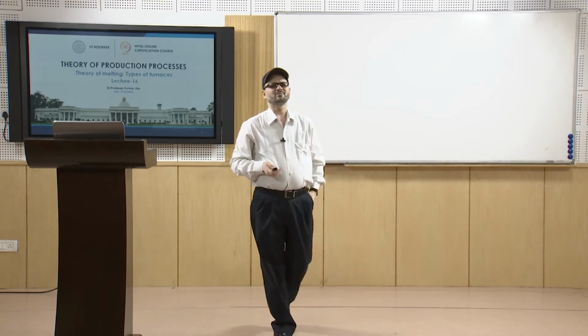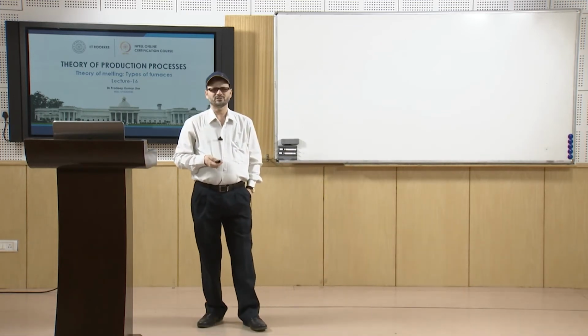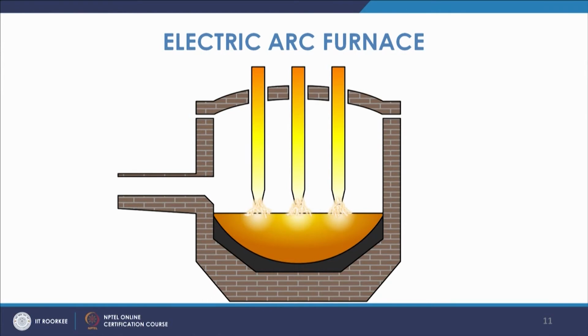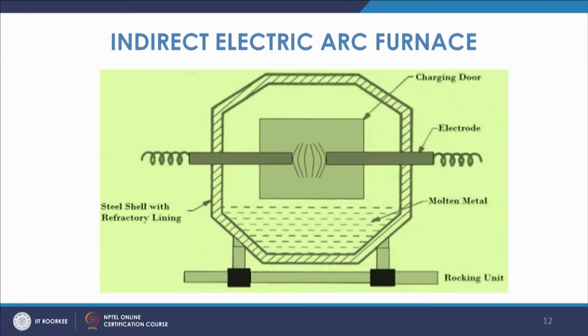These are normally the furnaces which are used for steel melting, or where the temperature of the molten metal is quite high. As you see, you have the direct electric arc furnace, and in this case the indirect electric arc furnace, where you see these are the electrodes.